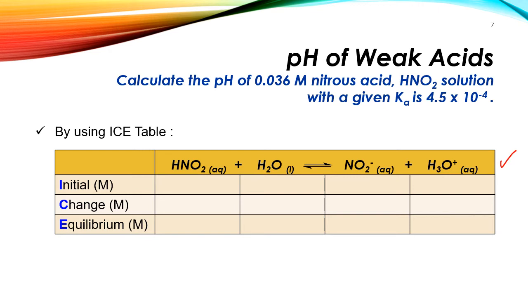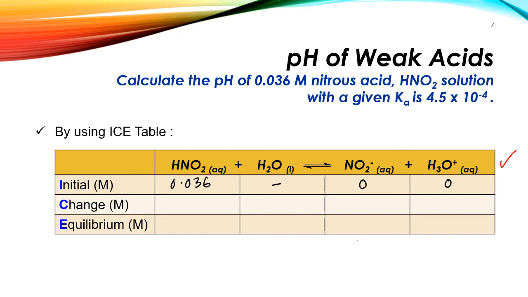The initial concentration of the acid given is 0.036 molar. Water has a constant concentration, so it is not counted in the expression. The product is not produced yet, so we have a 0 concentration for the product. When the reaction occurs, there is a change in the concentration of the reactant as well as the product.